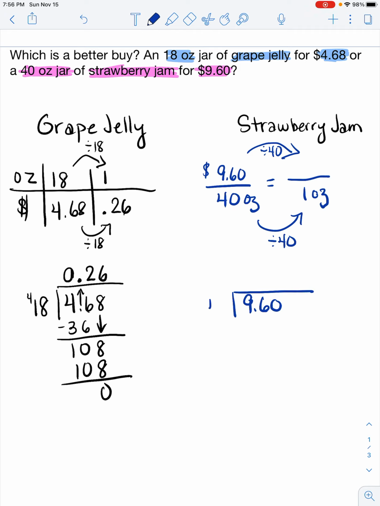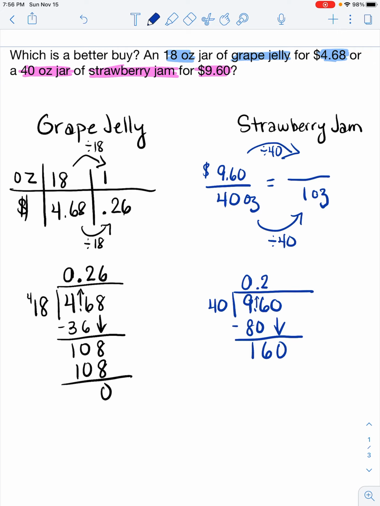960 divided by 40. Okay, pop the decimal point up here. Okay, 40 does not go into 9. How many times does 40 go into 96? Well, 40 times 2 would be 80. Okay, and let's do this. 6 minus 0 is 6. 9 minus 8 is 1. 40 doesn't go into 16, so let me bring down that 0.